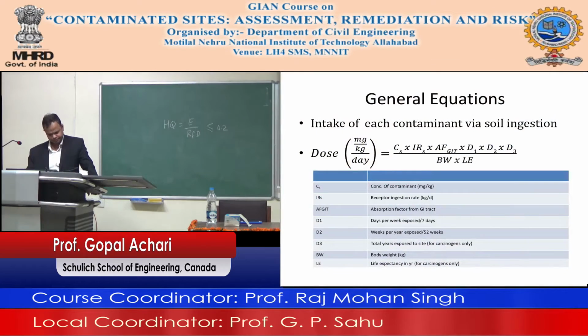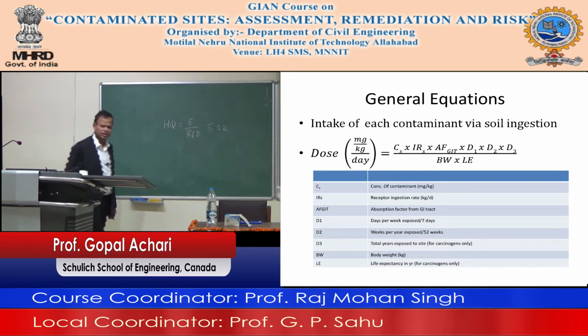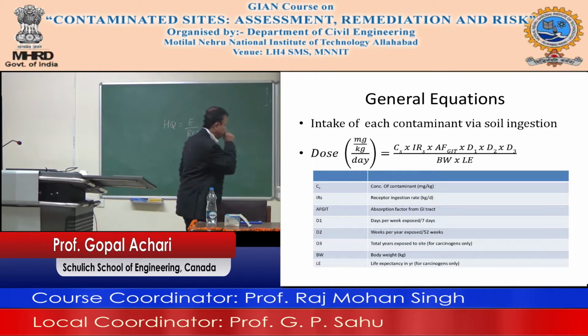Okay. So here I have put some of the equations, which are also taken from that manual. So let's look at this equation here. What is the intake of a particular contaminant with soil ingestion? Dose in milligrams per kilogram per day is the concentration of the contaminant in milligrams per kilogram multiplied by an ingestion rate. You saw that in the table there, right? Soil ingestion is 0.02, I think, for toddlers.